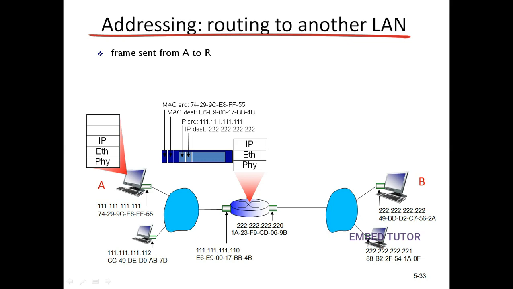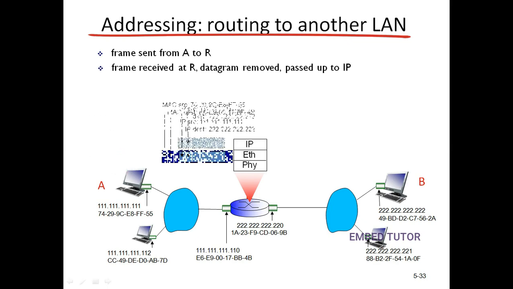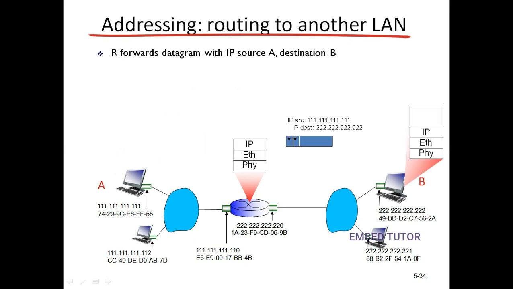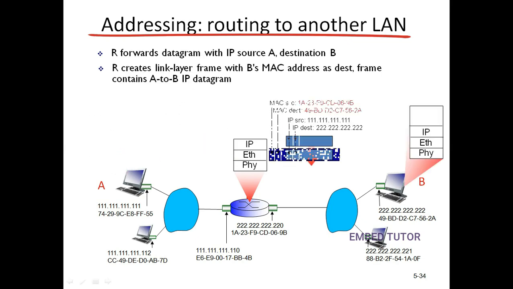Therefore, the router R now has to form a new frame with the source IP as the IP address of the node A, destination IP as the IP address of node B, and here the interesting case is the source MAC address will be different.